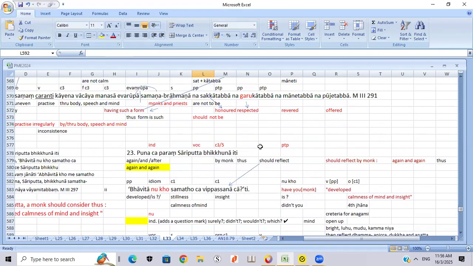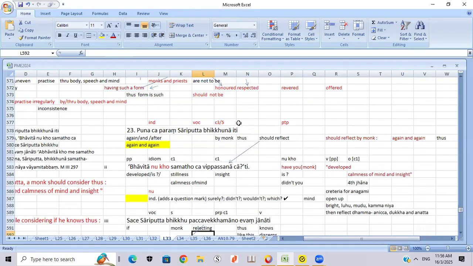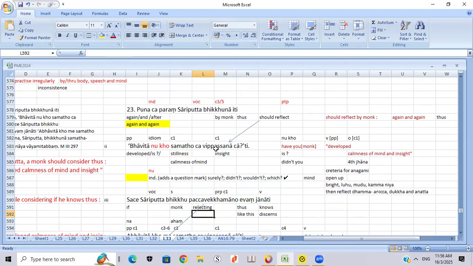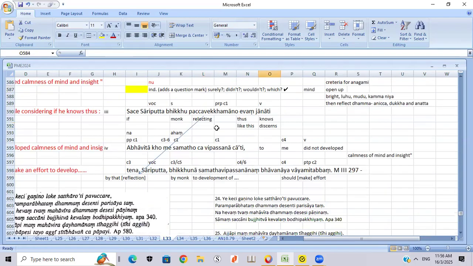Keep on. Come from here, correct. Okay, so by that reflection, by the mind, can you see the word here?